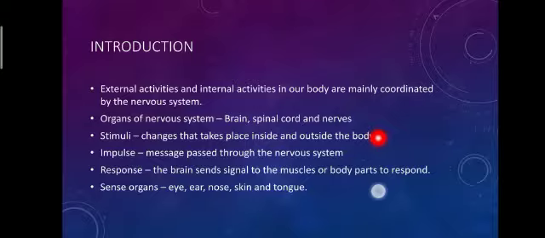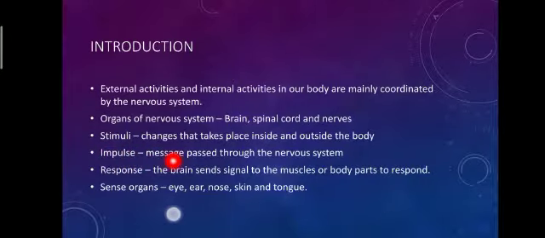Stimuli stimulates your actions, means it enhances your activity, your body's function. So whatever changes that is taking place outside, suppose if you see someone entering the room, or if you heard something, or if you smelt something, so that is the stimuli which you are getting from the external environment, and according to that you act.